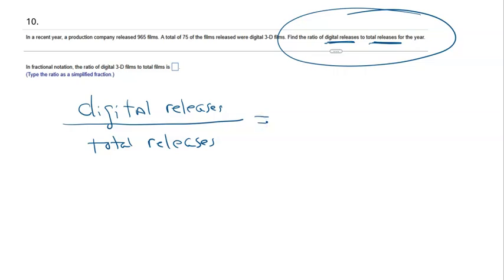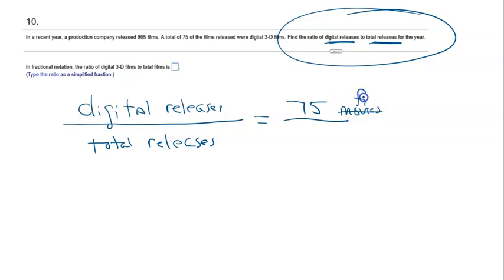So digital releases, okay, and it says a total of 75 of the films released were digital 3D films. So I assume that's what they mean by digital releases. So 75 over, and if you think about this in terms of units, it's 75 movies, or films.